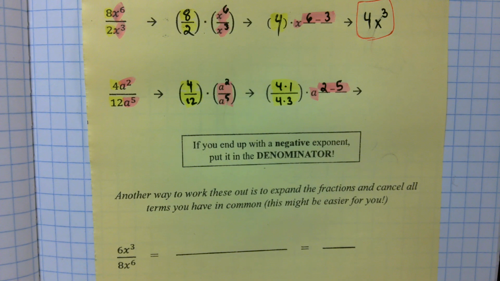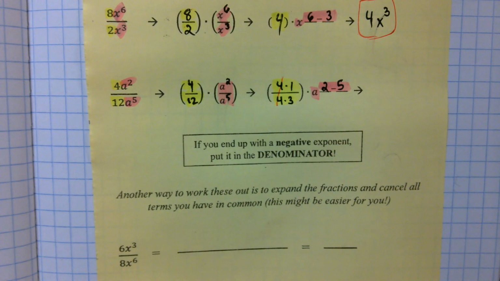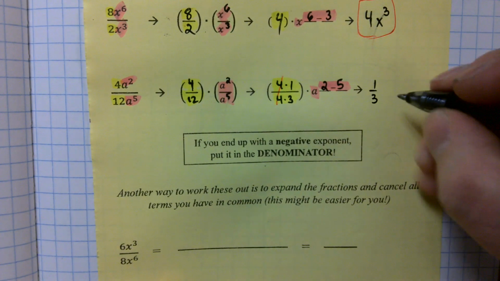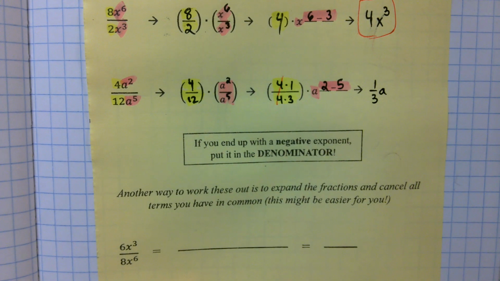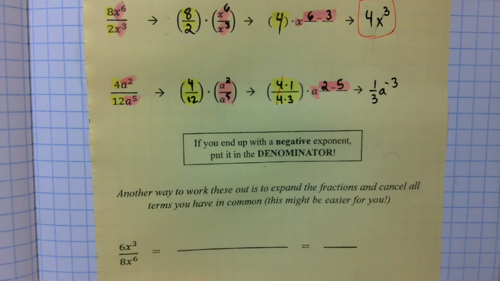Now look at my yellow split up fraction. Is there any like factors on the top and bottom I can cancel? 4. Yeah, I can cancel out the 4's. So that leaves me with 1/3 a to the power of what? Negative 3. Is that my final answer?